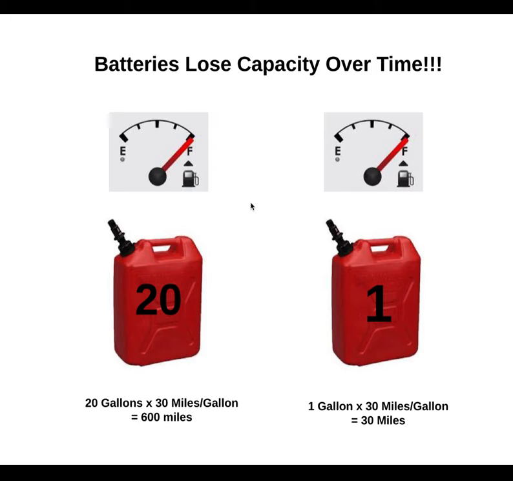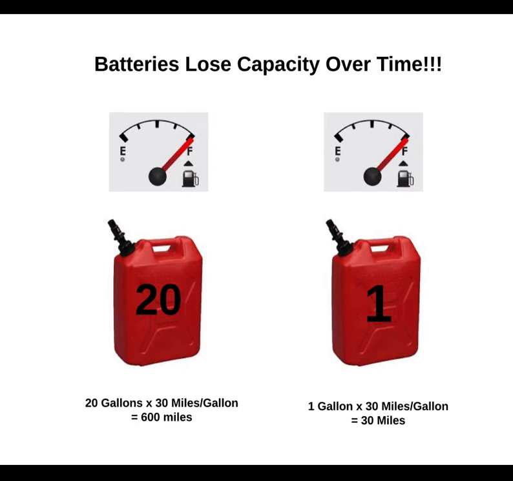But first is probably the most important thing of all to understand. This concept that batteries lose capacity over time. And I think it's best understood if you think of a car. So if you have a car with a 20-gallon gas tank and the meter says it's full, well, that's 20 gallons times 30 miles is 600 miles. So you know you're pretty much set.